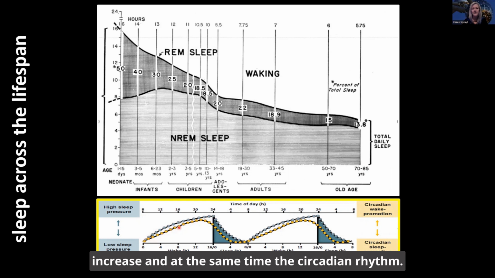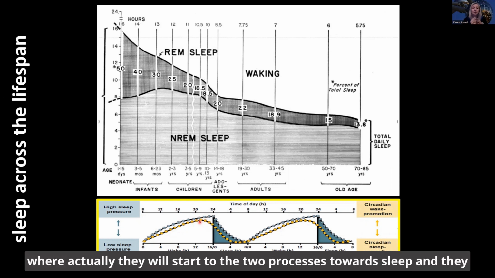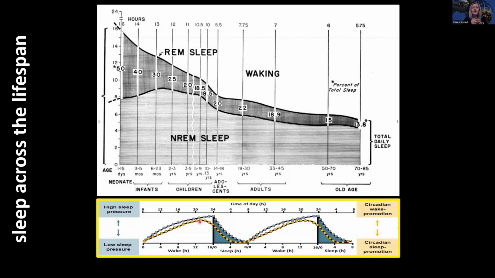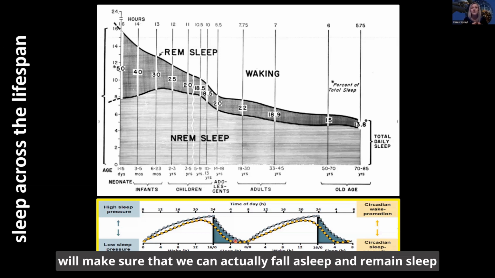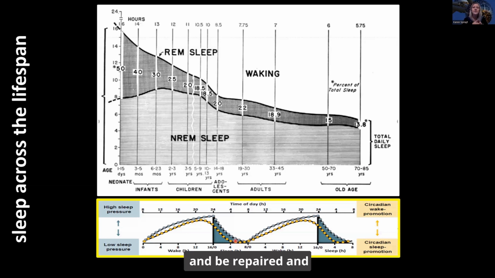At the same time, the circadian rhythm, the biorhythm, will try to push us to remain awake up till a certain point in the evening, where the two processes will start to promote sleep, and they will make sure that we can fall asleep, remain asleep, and be repaired and refreshed for the next morning.